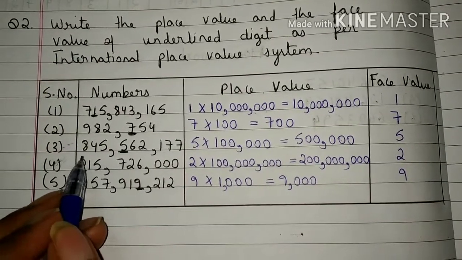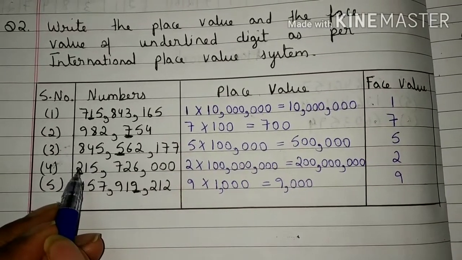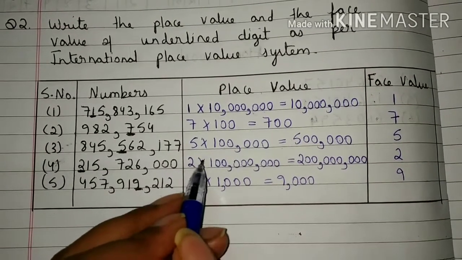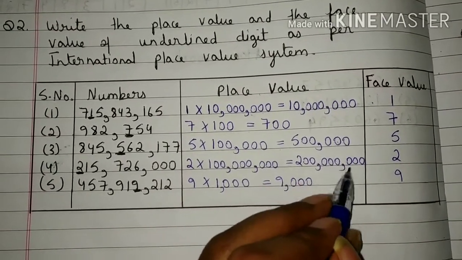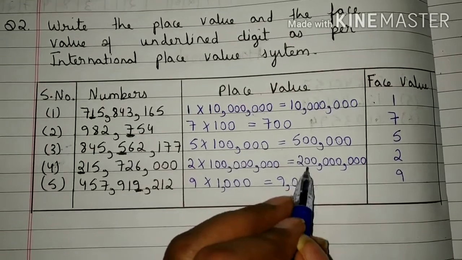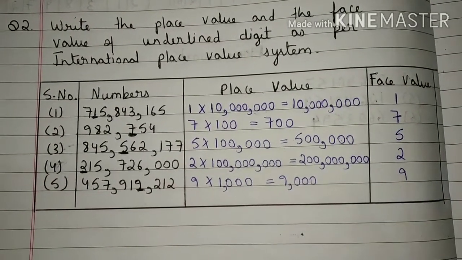Students, you can see that 2 is at 100 million place. So, place value of 2 is 2 into 100 million is 200 million. Place value of 2 is 200 million. Face value of 2 is 2.